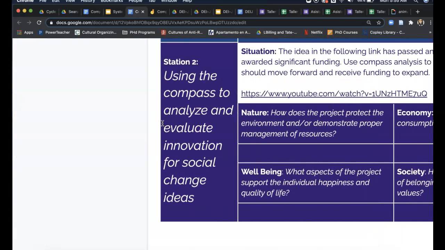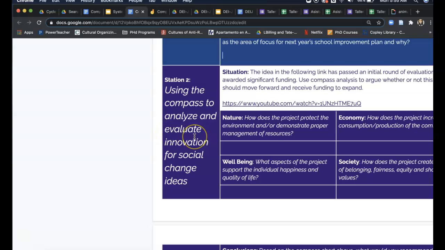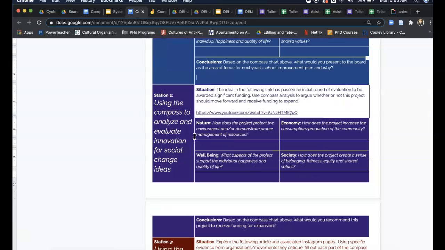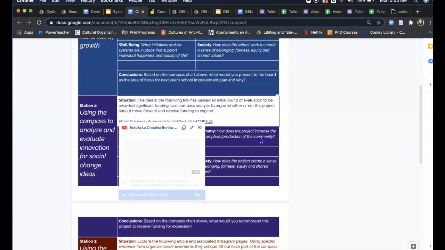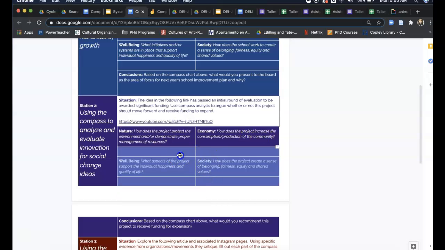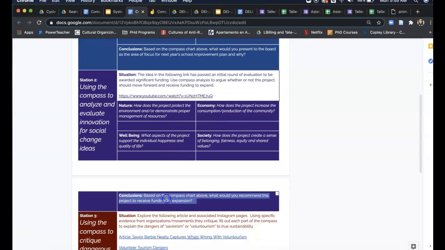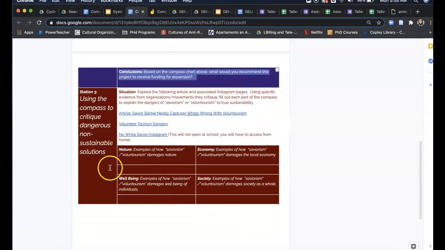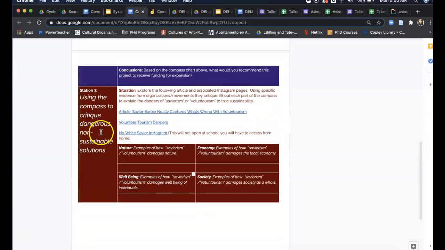Same thing here for station 2. You're now using Compass to evaluate if an innovation for social change is a good idea. So they watch this video, they write bullet points of what they noticed, and then they write their conclusion. Same thing for 3. Bullet points. For 3, they just have to put up the bullet points. There's no explanation that follows.